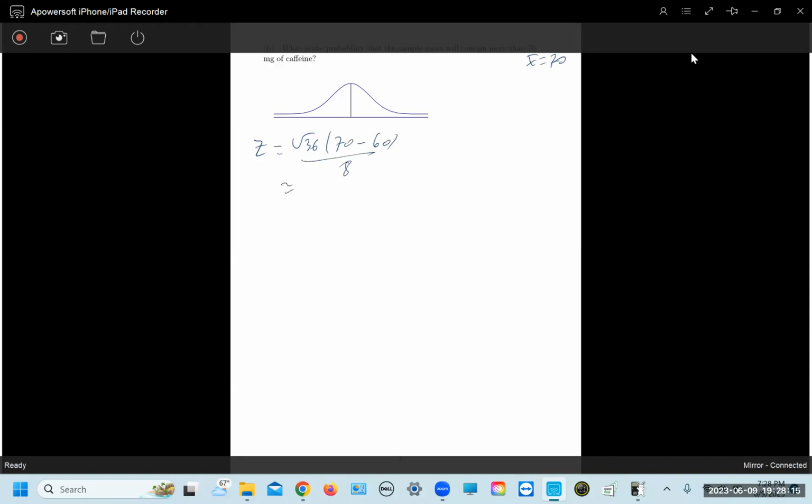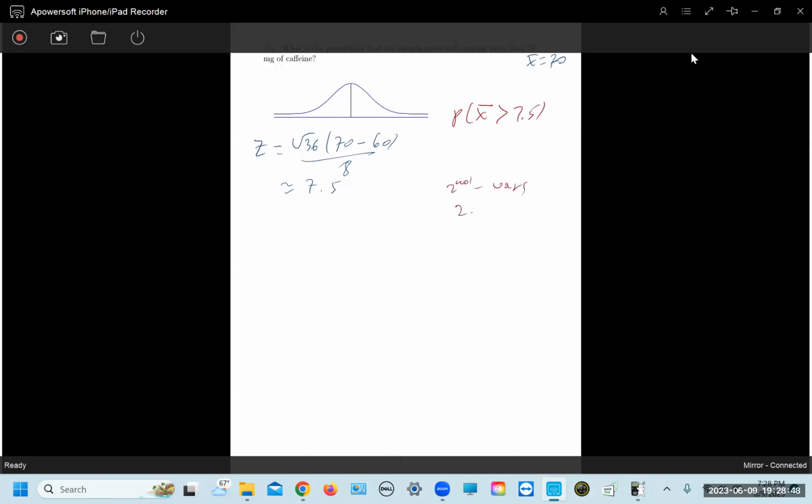So this one is 7.5. Now we can find the probability P of Z more than 7.5.